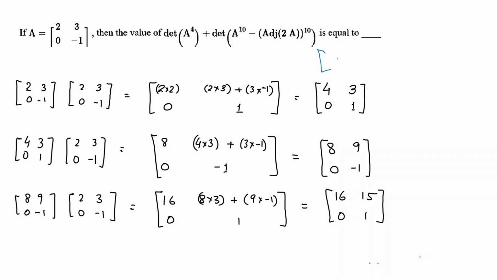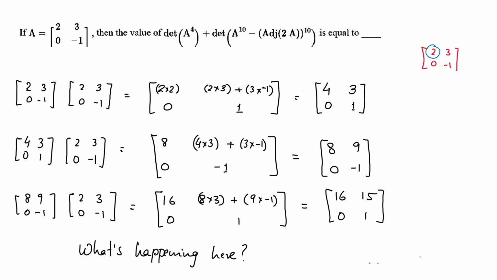Then if we multiply it again, what is happening? Let's compare with what we had initially. Initially we had 2, 0, 3, -1. Then 2 became 4, this is always 0, this became 1, -1 to +1, and then again it will go to -1. But here 3 is 3.